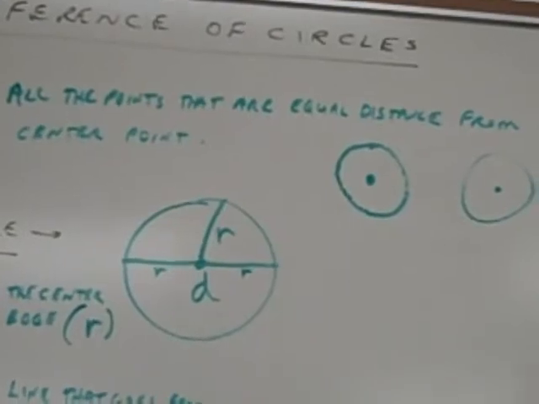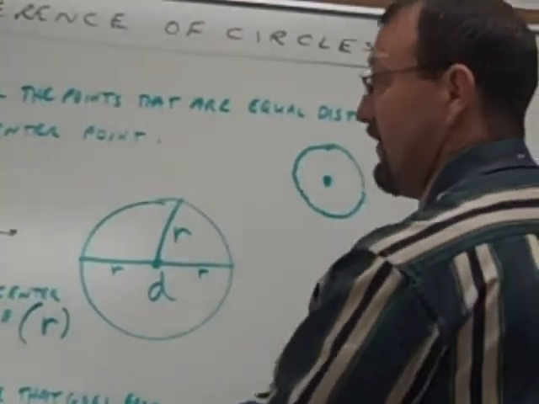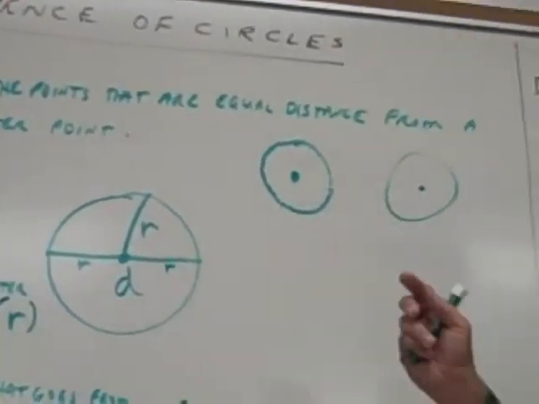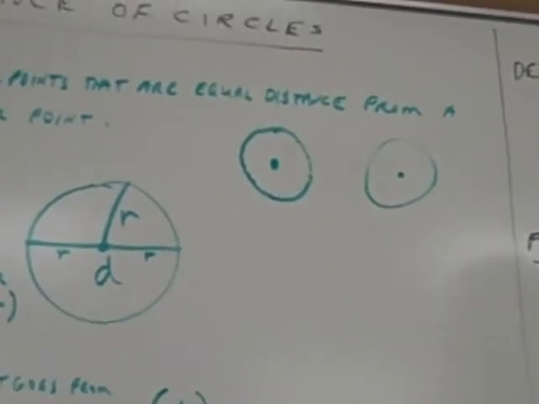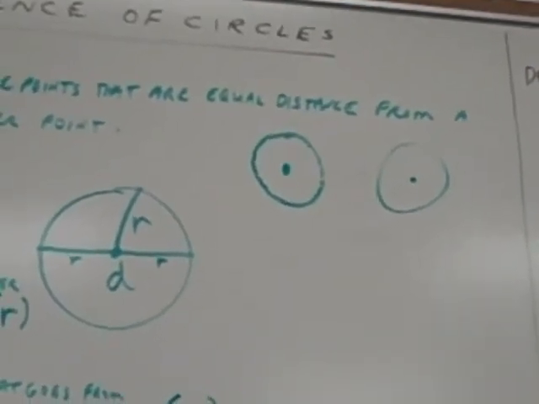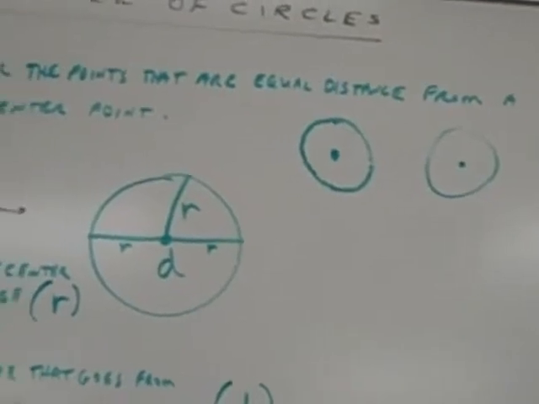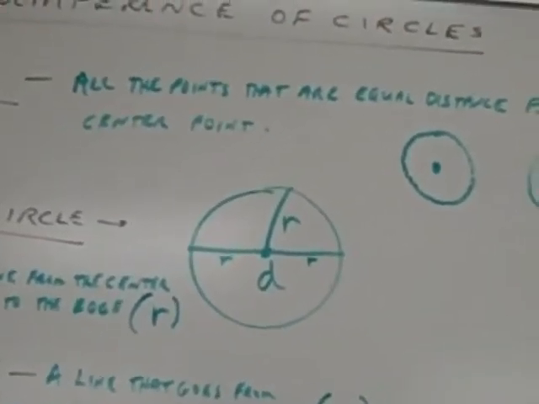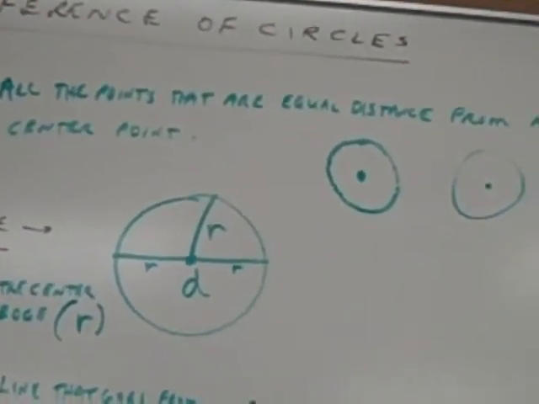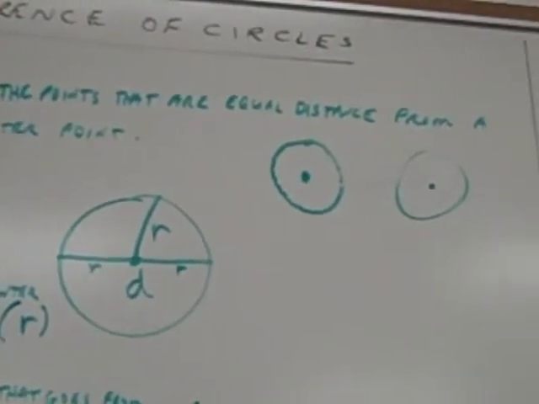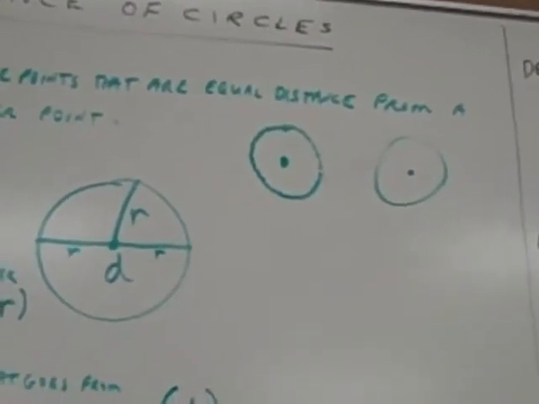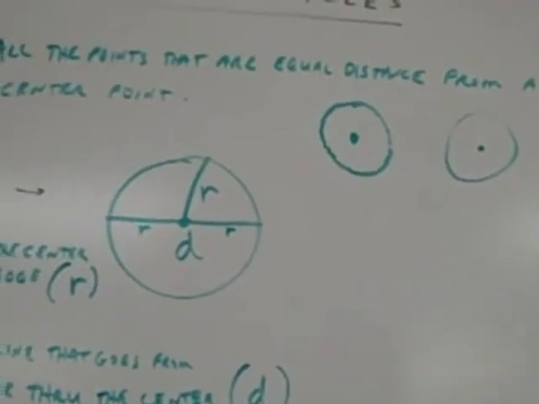Now, we've got a little bit of information about circles. We can now jump on to circumference. So now let's define circumference. I can't use the word perimeter because that's for straight-sided figures.